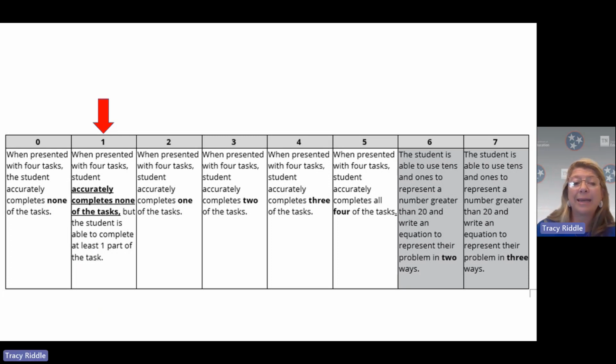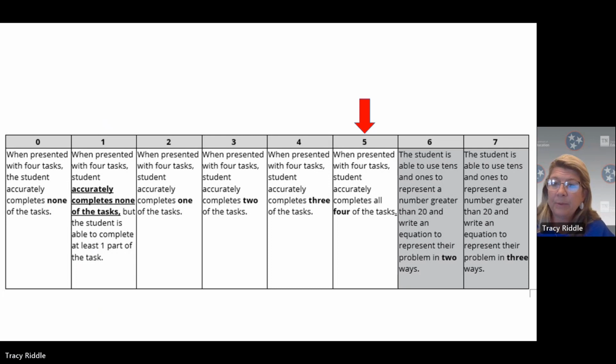If they are able to accurately complete one entire task of the 4 tasks, that is a level 2. At level 3, a student is accurately able to complete 2 of the 4 tasks. At level 4, the student is accurately able to complete 3 of the 4 tasks. And then at level 5, the student is able to do all 4 tasks accurately.